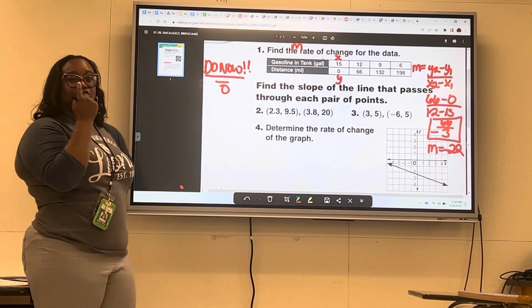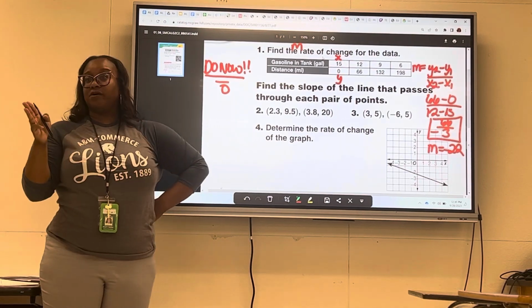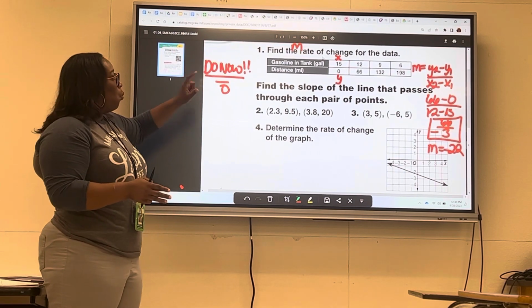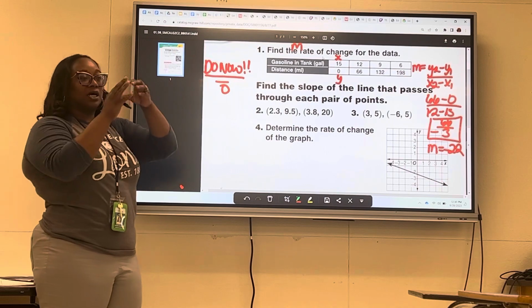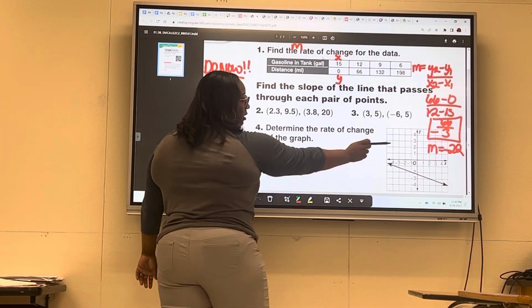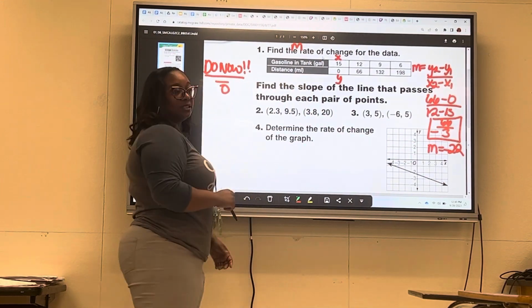So whenever you're answering those questions on TSI, SAT, ACT, because all of you have passed STAAR, think about what you're answering: what does this rate of change mean in context to this problem situation? It means I'm using 22 miles for every gallon that is in my car right now.